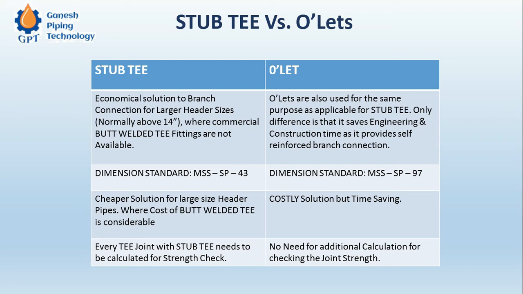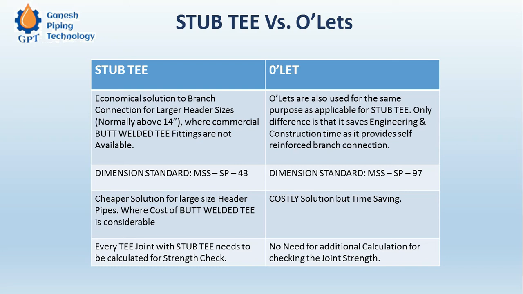Then coming to the OLEDs, OLEDs are also used for the same purpose, that is where a standard T is not available, as applicable for stub end. Only difference is that it saves engineering and construction time as it provides a self-reinforced branch connection that we have discussed in the previous slide.